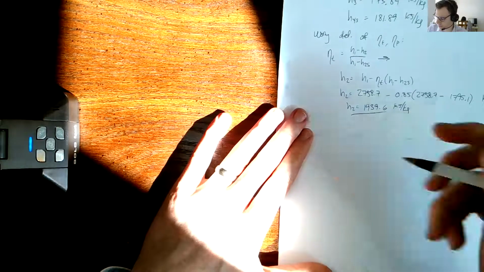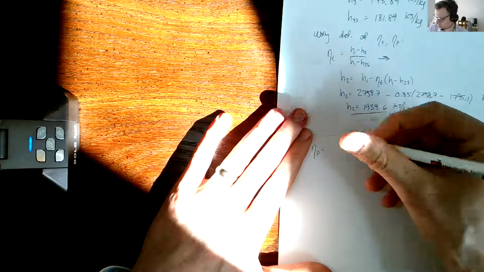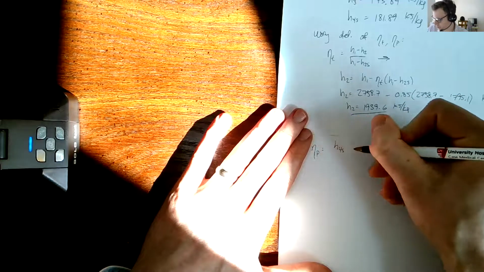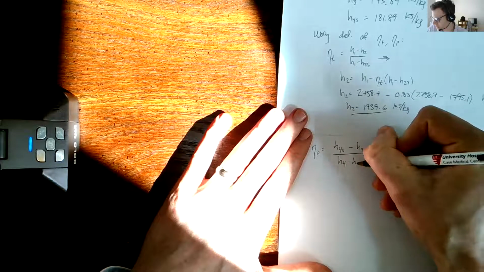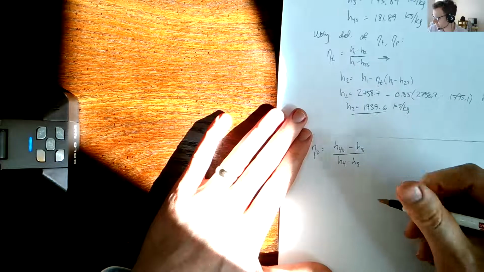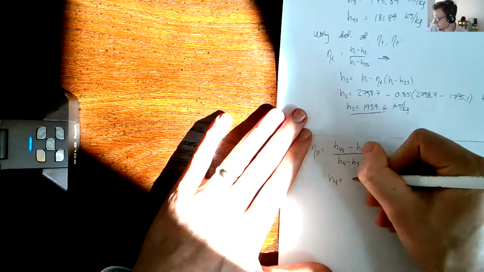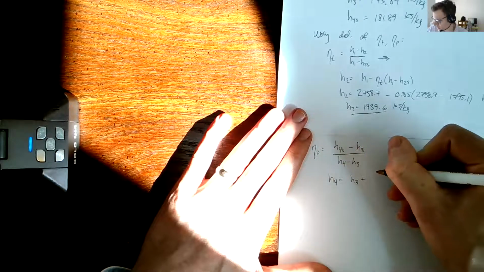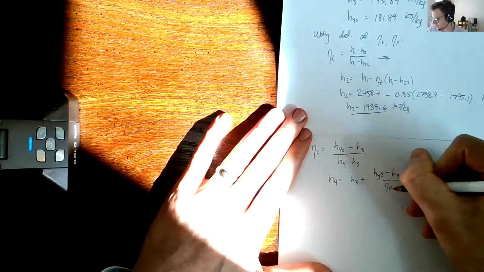Okay, and now we have to get H4 from the definition of efficiency for a pump. So eta_P is equal to, in this case, (H4s minus H3) over (H4 minus H3). Again, I can solve for H4, that's the one that I want. So H4 equals H3 plus (H4s minus H3) over eta_P.